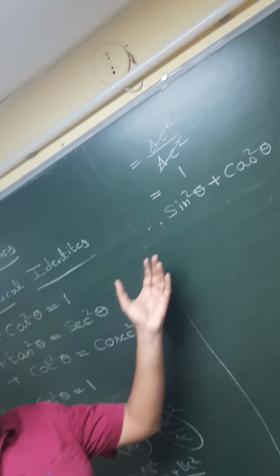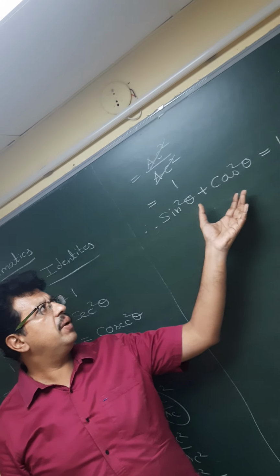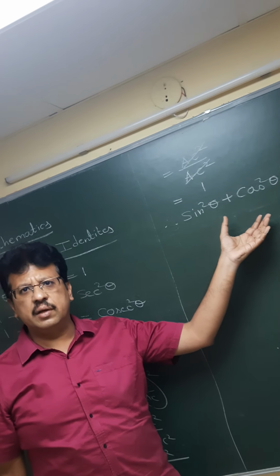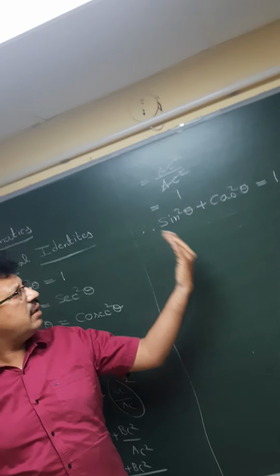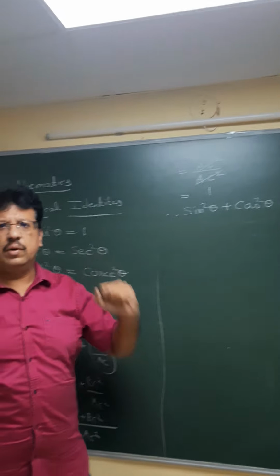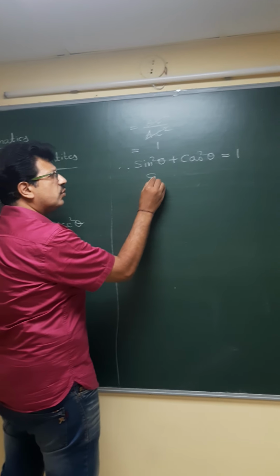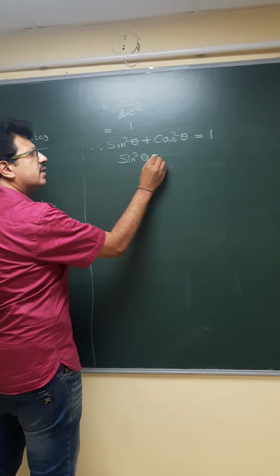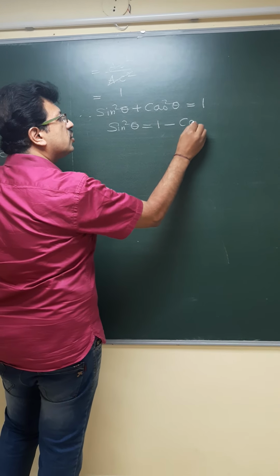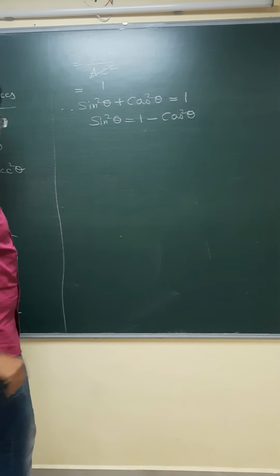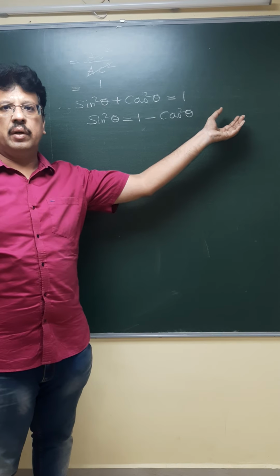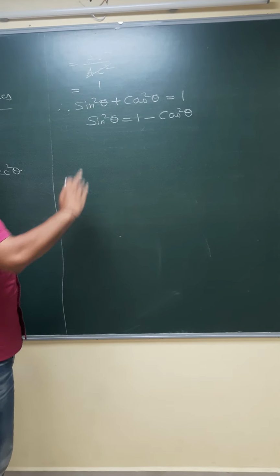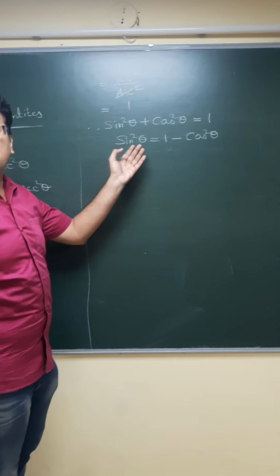This is actually a very important identity which you should understand. And using this identity, we can write other identities. What is that? See, sin square theta can also be written as 1 minus cos square theta, because when you bring this cos square to the right hand side, it becomes minus cos square theta. So it's very useful for you while solving the problems.